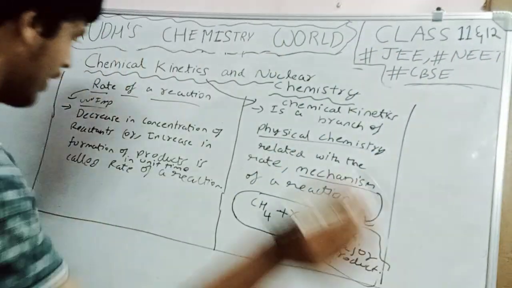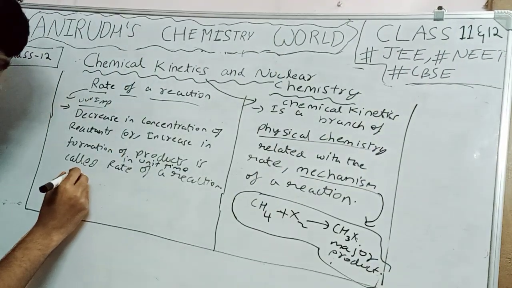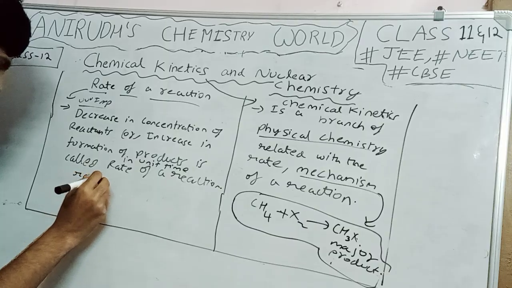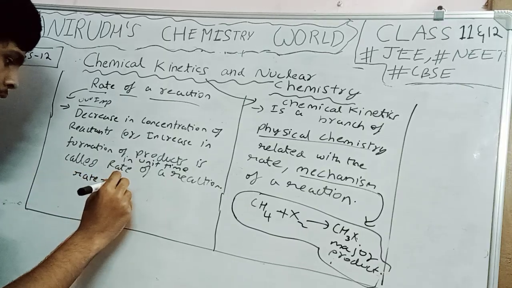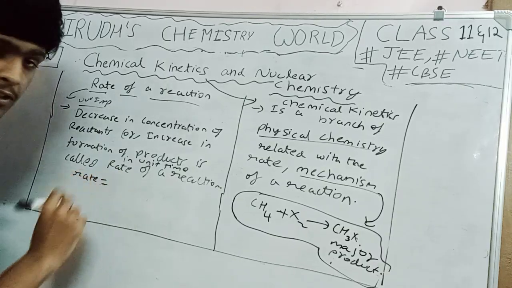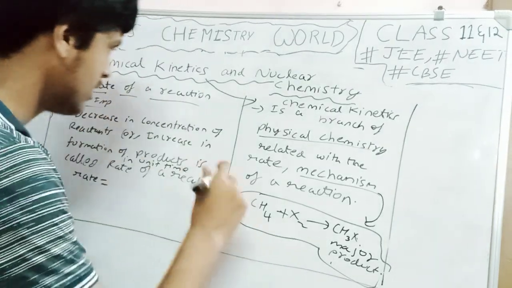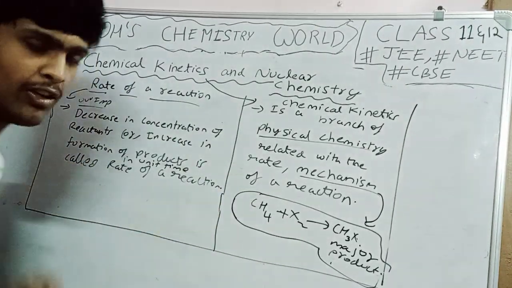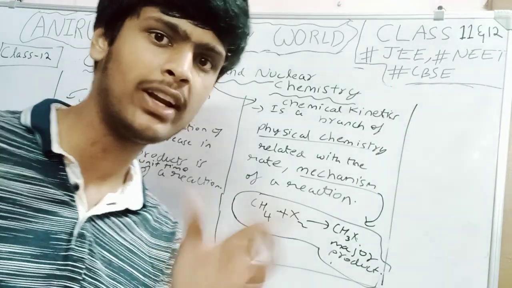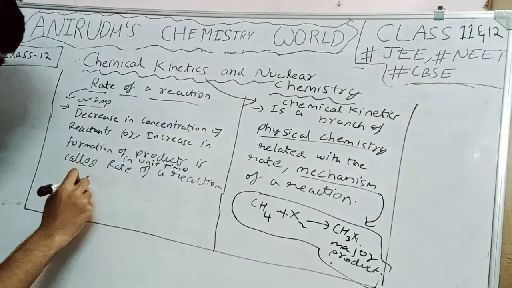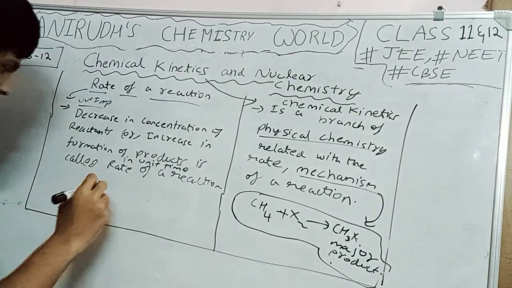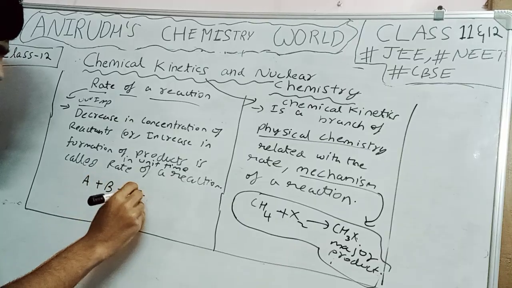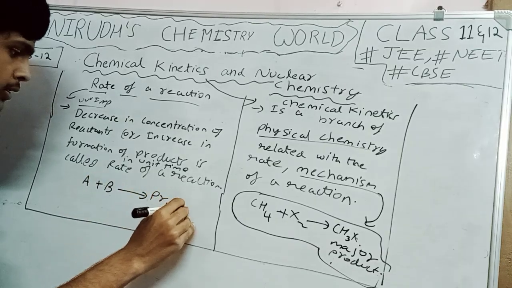Let's see this formula. Rate is nothing but, for reactants, what is happening? Before going to the formula, I'll explain by taking one example. Suppose there are two reactants, A and B, and A plus B gives products.